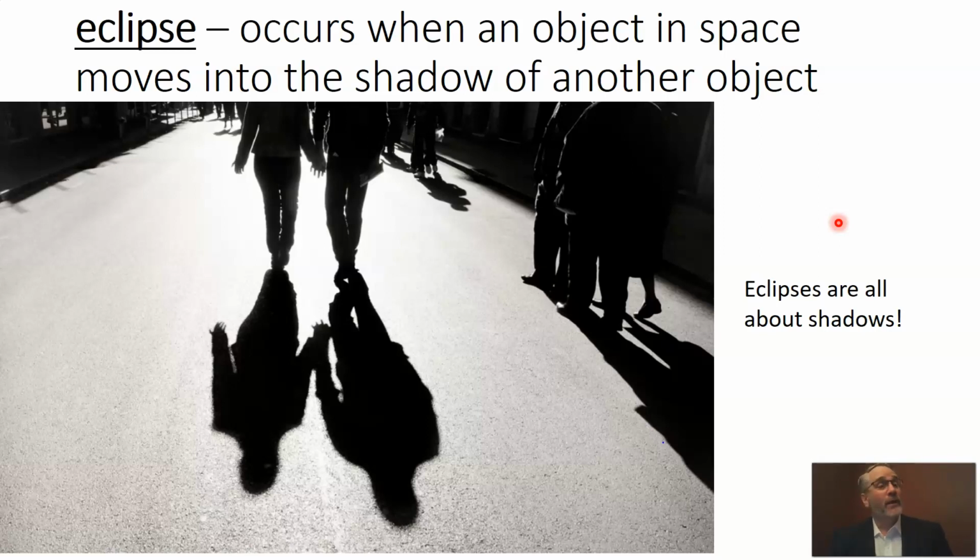Hopefully you had some special glasses on if you were trying to look at the sun, but if you were able to look up with some special glasses, you might have been able to see a small ring where the sun was, and it got really dark outside, and it got really quiet. That's the thing I remember. But that's one example of an eclipse, and so the eclipses are really about shadows.